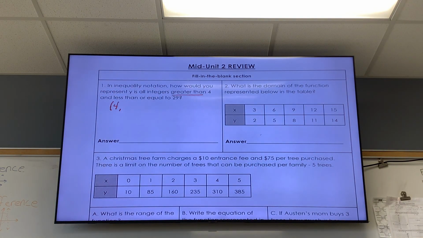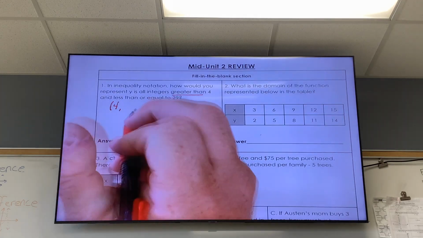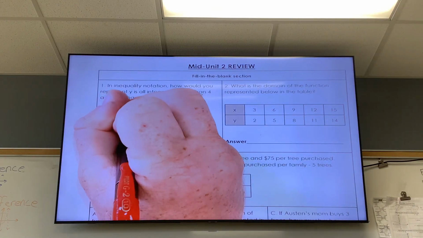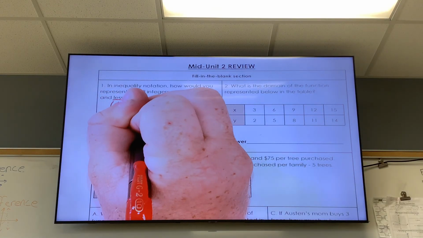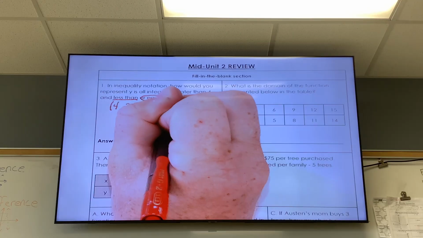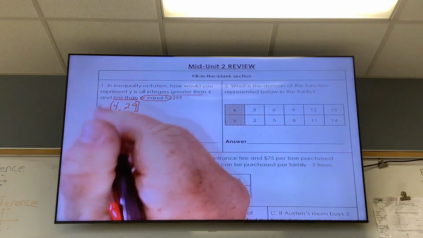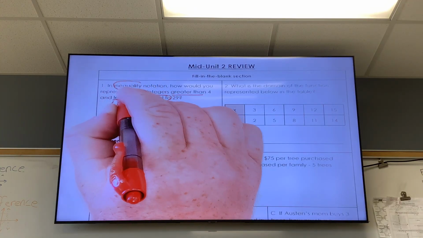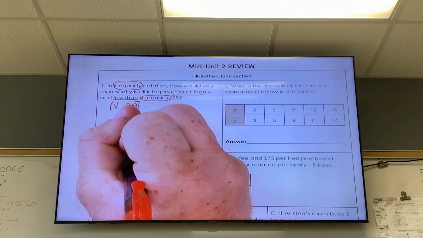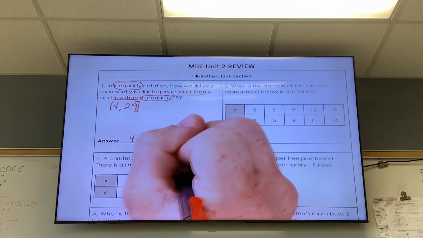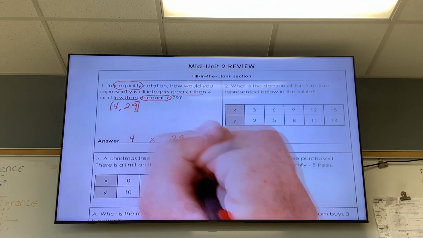And then we have an upper limit of 29. It does say or equal to here, so we are going to include it with a set of brackets. But because they want inequality notation, we're going to bring down our lower limit of 4, our variable of x, and our upper limit of 29.